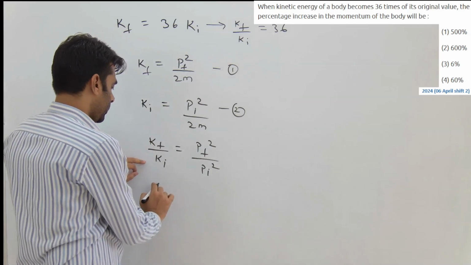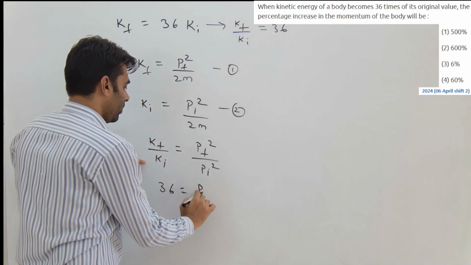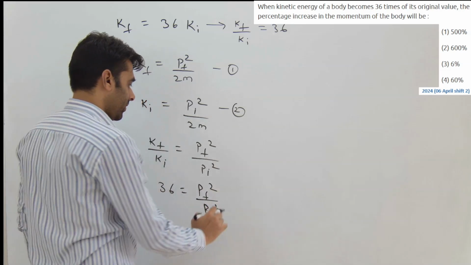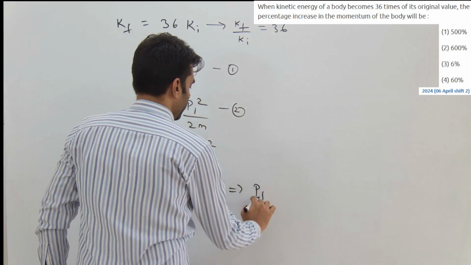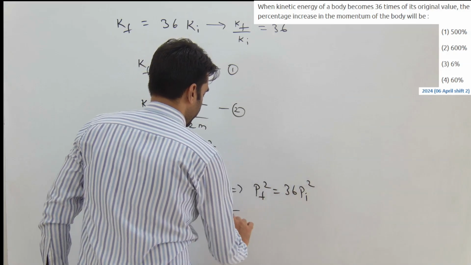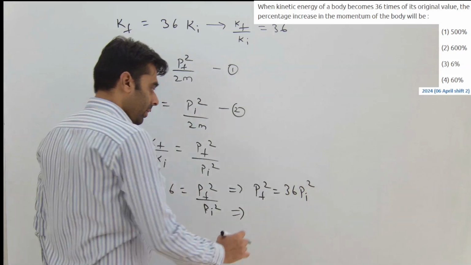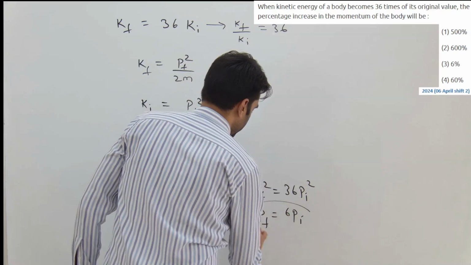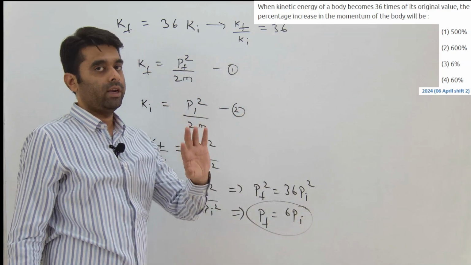So 36 is equal to P final square by P initial square. Further simplifying, P final square is equal to 36 times P initial square. If we take the square root, we get P final equal to 6 times P initial. This is the relation between momentum that we have got.